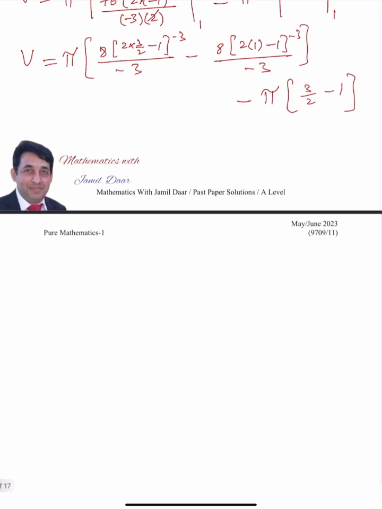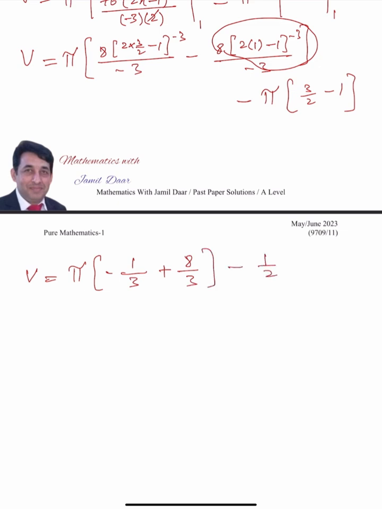So V is equal to pi, and this will become minus 1 by 3 for this portion, and the next portion will be plus 8 by 3, and this is minus 1 by 2 pi.